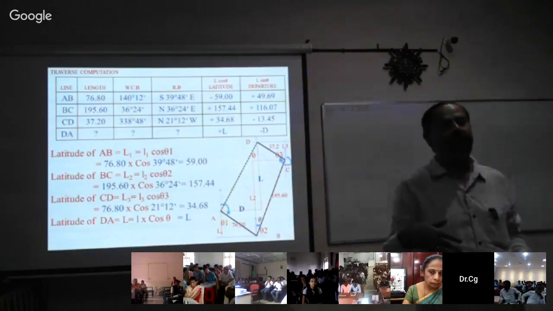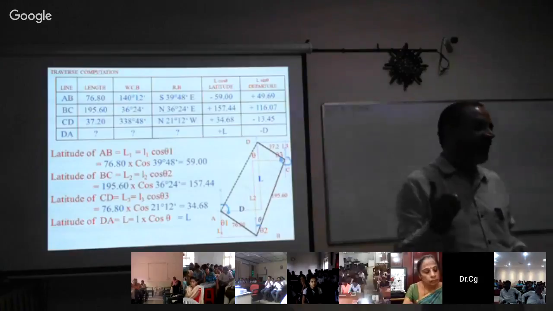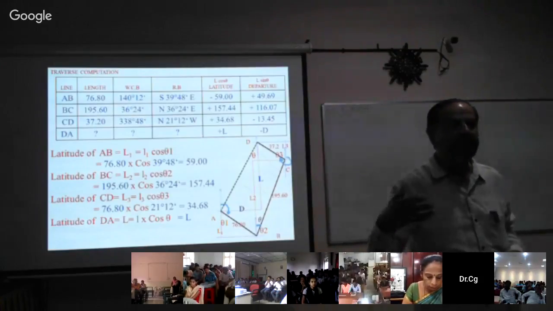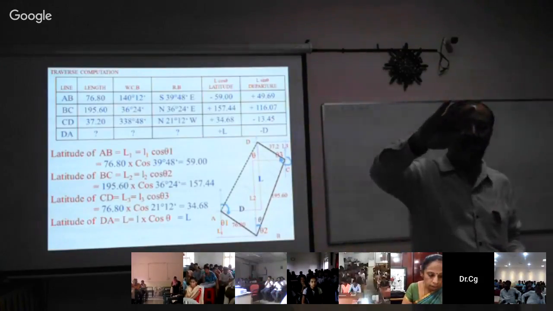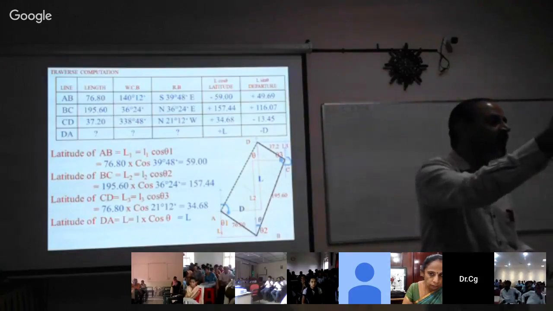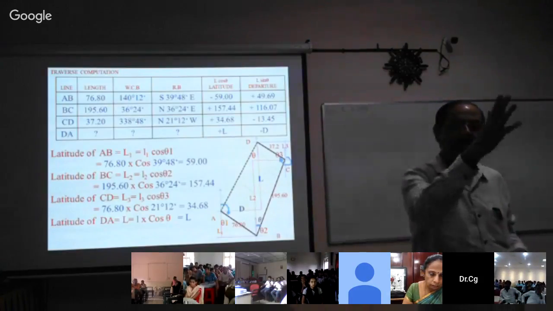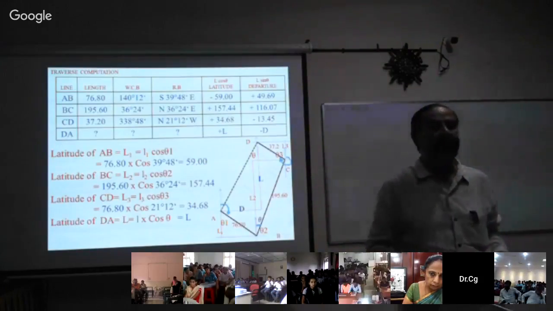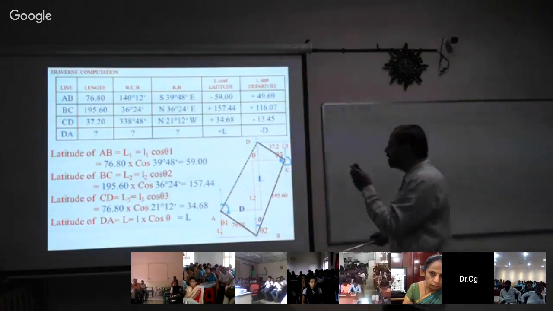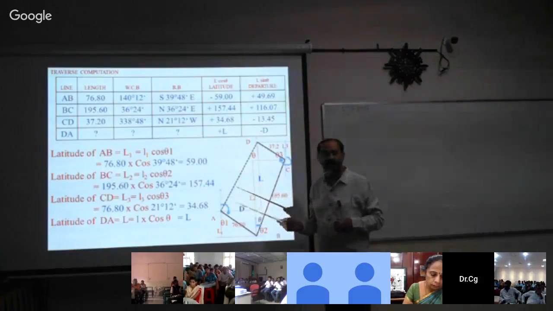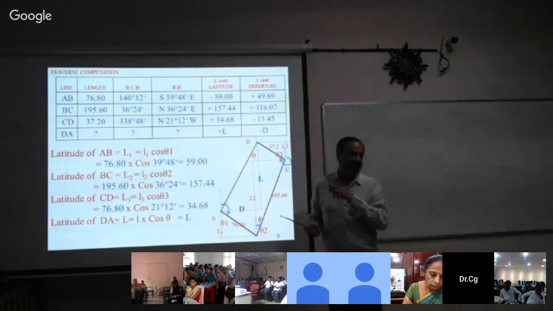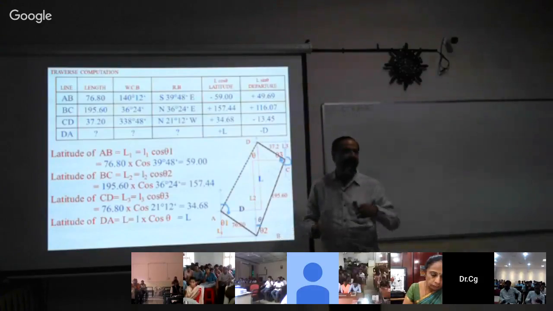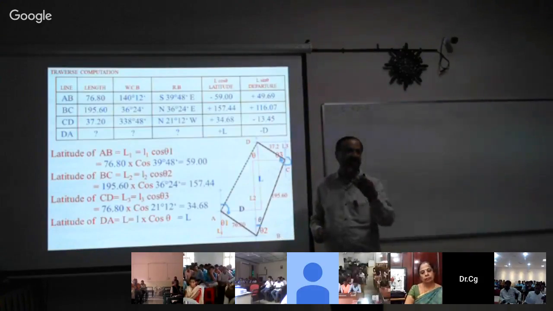If you go to forest land, you continue the work, and the last point you can reach from one end, the other end also you can go, but in between it is not possible to reach along that line. Therefore, under those circumstances, the closing error will be applied and utilized to calculate the length and bearing of the missed line, the line which is not possible to measure at site.